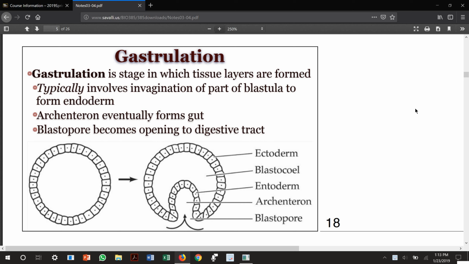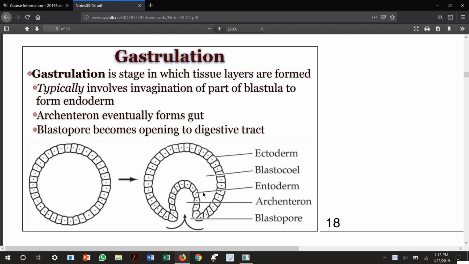Cells push into the blastocele and take up some of that space. And as you do so, you form, first of all, two layers. You have the outer layer, which becomes the ectoderm, and you have the inner layer which becomes the endoderm. I don't know why this book, where I took these from, uses ento instead of endo. Endo, I think, is more common.